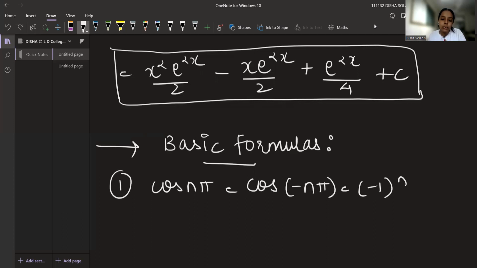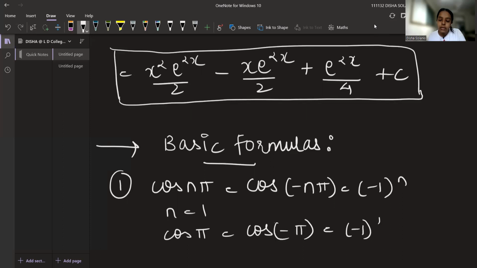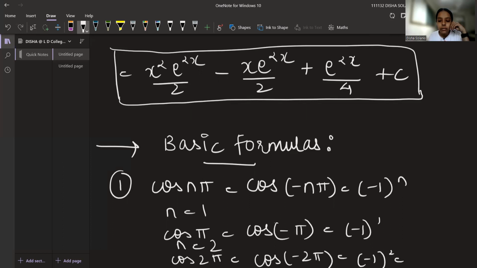So here if you put n equals 1, then cos pi equals cos minus pi equals minus 1. And if you put n equals 2, then cos 2 pi equals cos minus 2 pi, which equals 1.